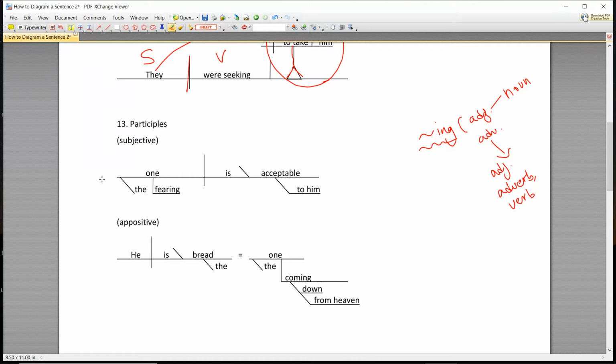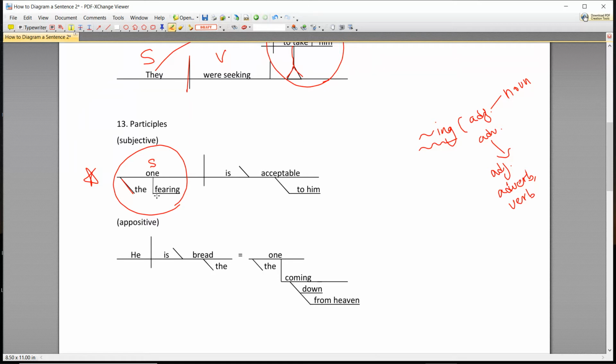So look at here the example. The one fearing God. The one who is fearing God is acceptable to him, right? So here the whole thing is a subject, but one is the subject actually, and the is just modifying the one, and then we have fearing, the one who is fearing, right?